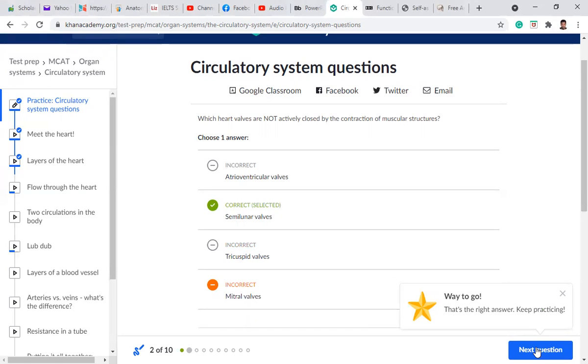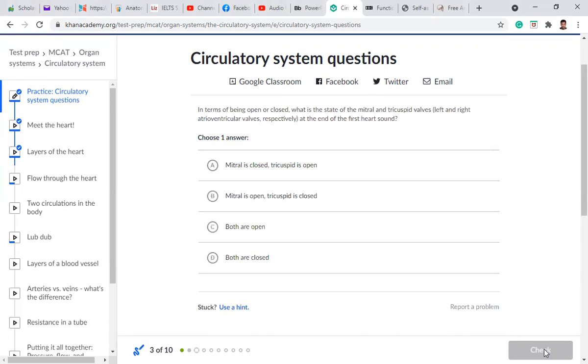So that is why the aortic valve is not actively closed by the contraction of muscular structures. Because if it is closed, no blood will enter the aorta. The same thing happens to the pulmonary valve also. If it is actively closed when the right ventricle is contracting, blood cannot enter into the pulmonary artery. But I will explain it further as we proceed with other topics, okay?